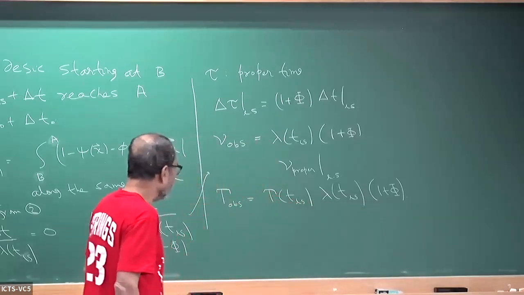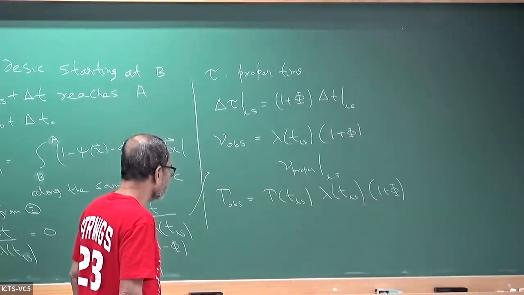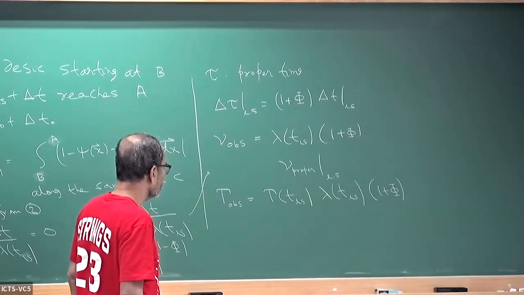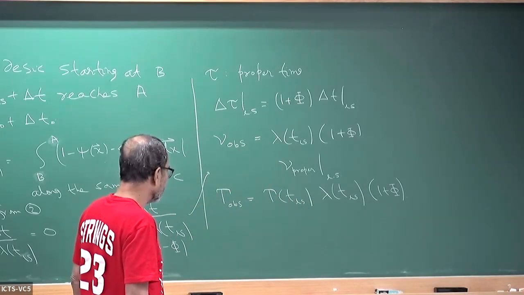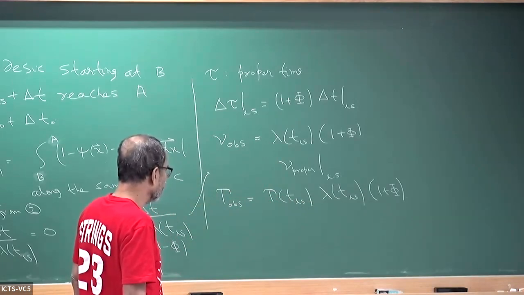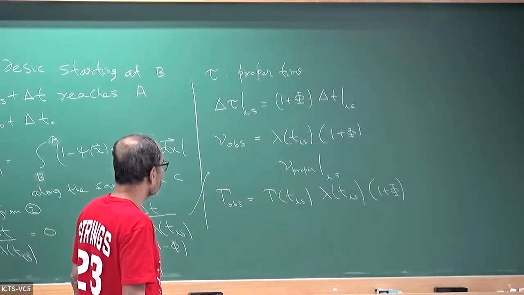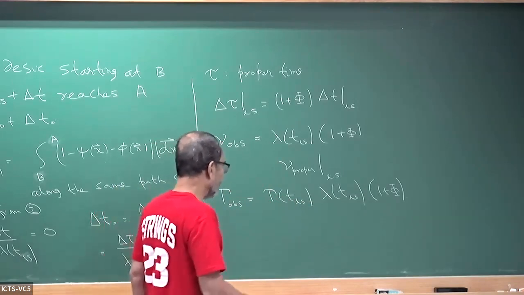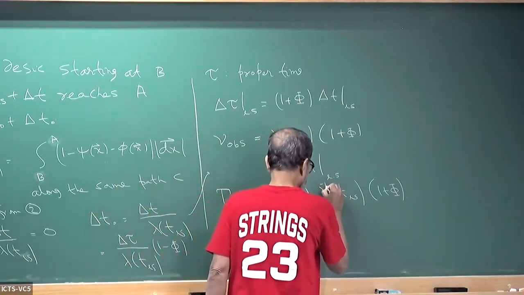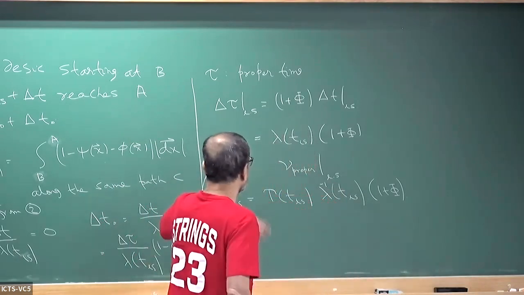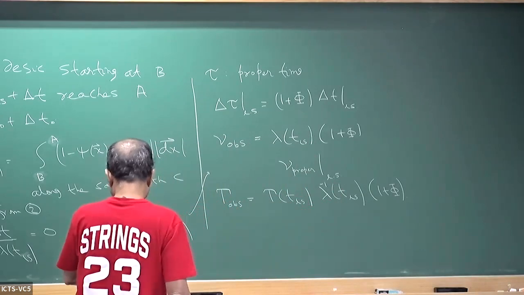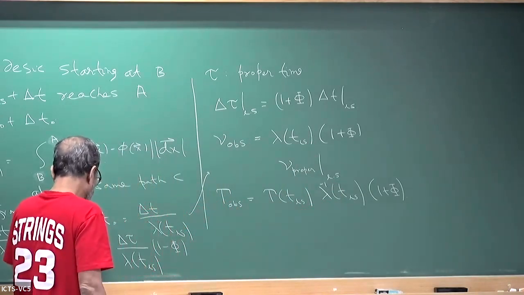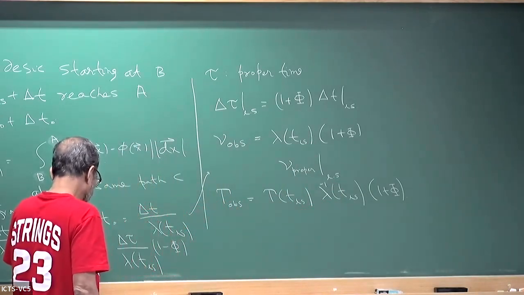Somewhere something is wrong there. T times lambda inverse, right? Something went wrong here. The time difference, it will be redshifted.